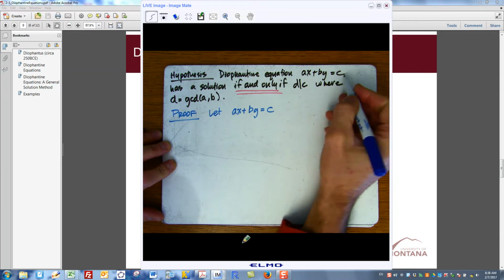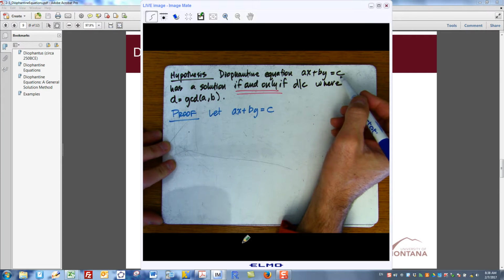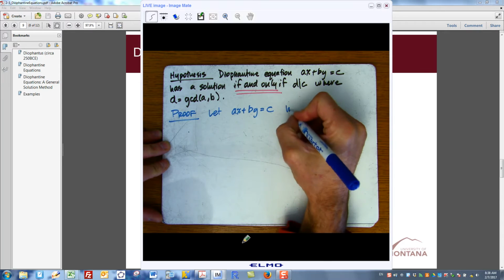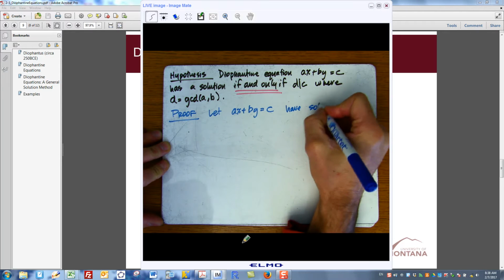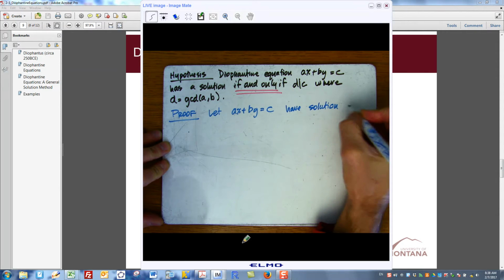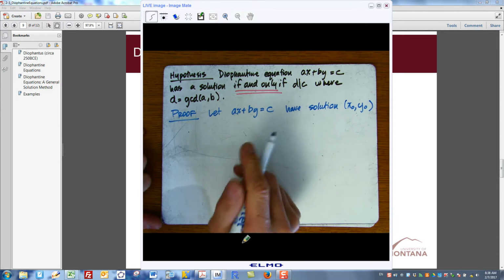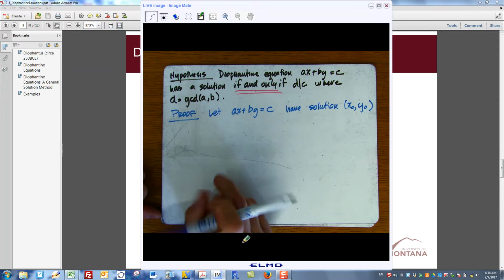We're going to start with this and say it has a solution, and we're going to call that solution x naught, y naught. Okay, so x naught, y naught into this equation produces this true statement.